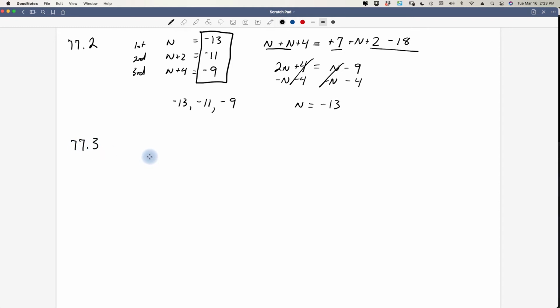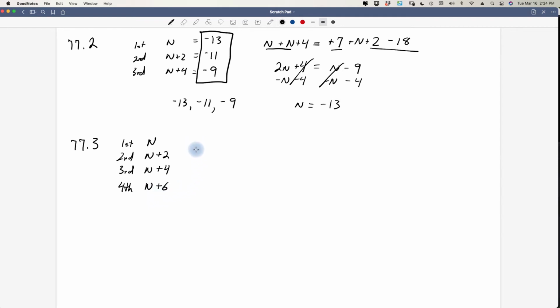All right, 77.3. Find 4 consecutive odd integers. So first, second, third, and fourth. That would be n, n plus 2, n plus 4, and n plus 6. Let's move on.